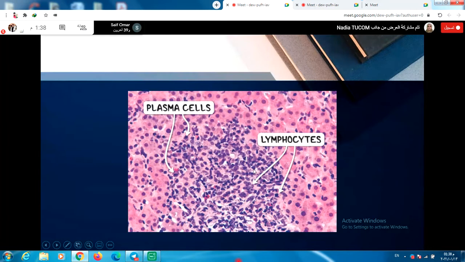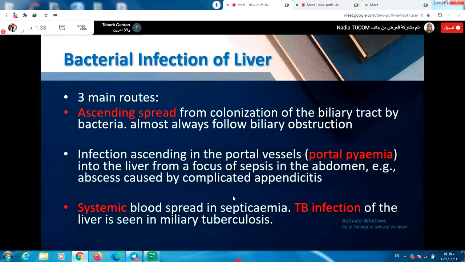The liver can be a site for bacterial infection from three main routes. First, ascending spread from the colonization of the biliary tract or biliary passages by bacteria.